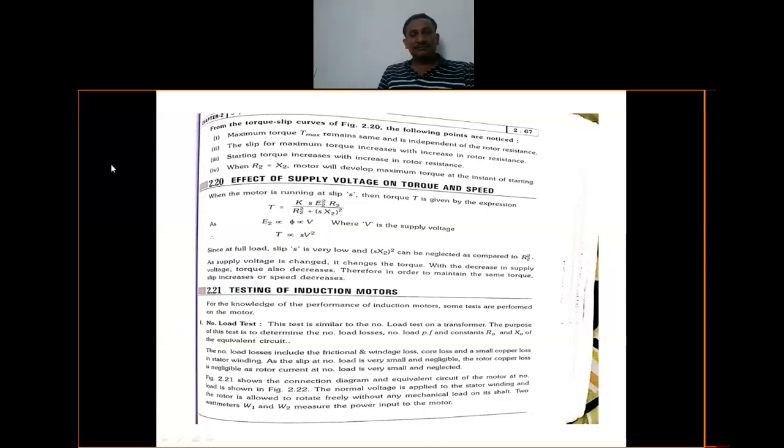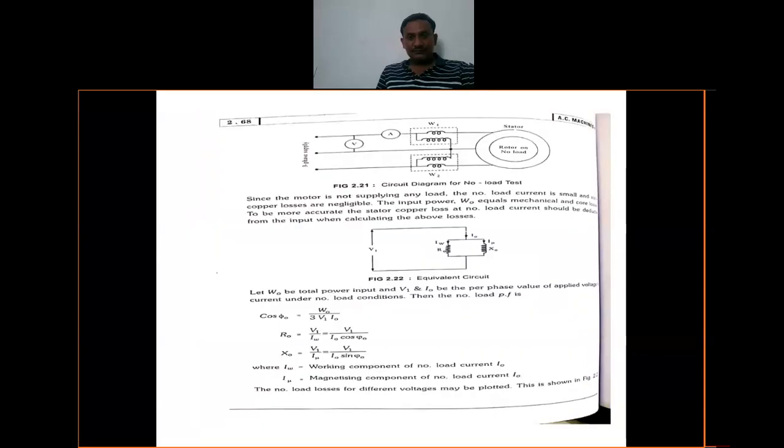This is the diagram. Okay, look at the diagram.